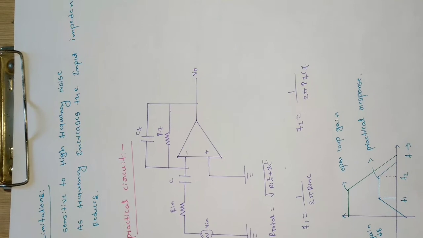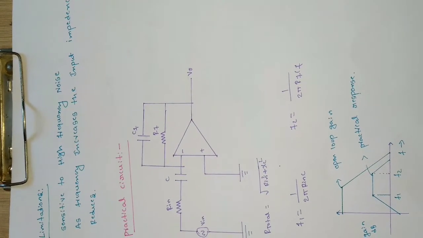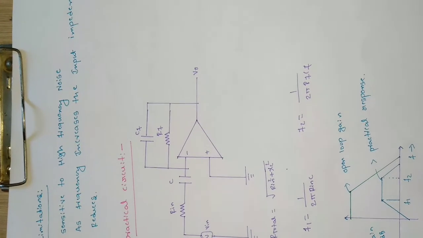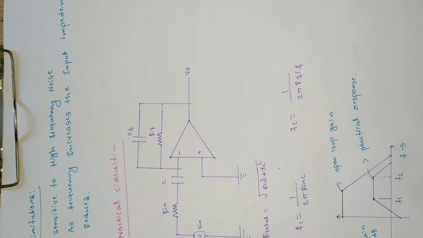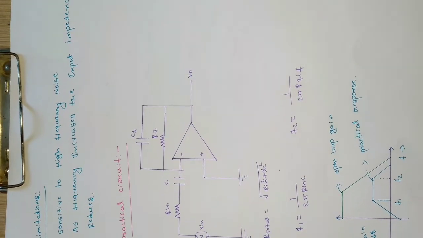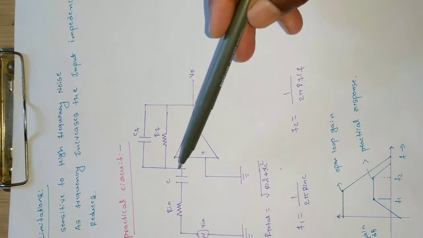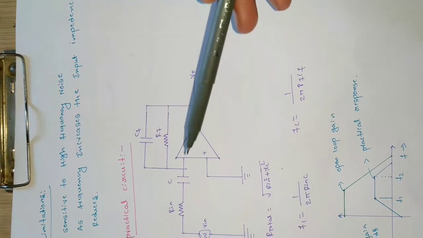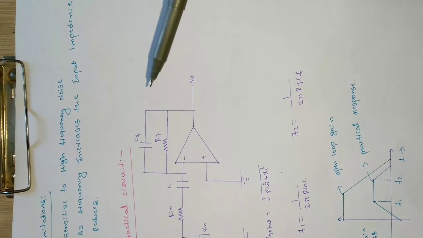At low frequency it is okay, but when the noise frequency is higher, it will create a problem for us. The second point is, as frequency increases, the input impedance reduces. Due to the reactance property of capacitance, the capacitor is going to act as a short circuit, offering almost zero resistance to the flow of current. That we have to avoid.